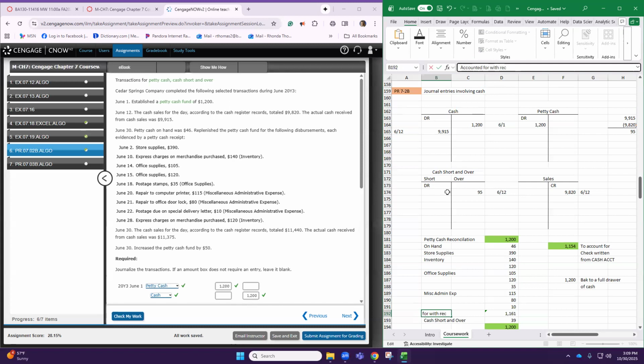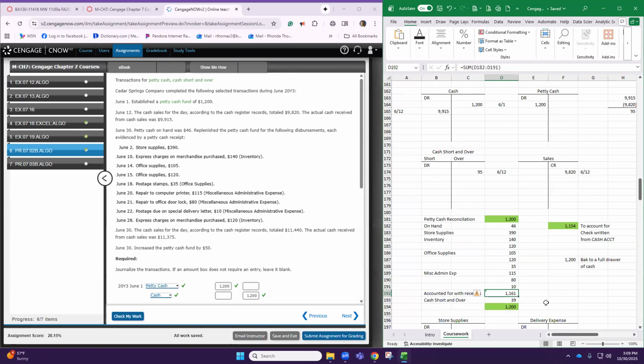Accounted for with receipts. So now let's see how much we should account for. So we should account for 1154.